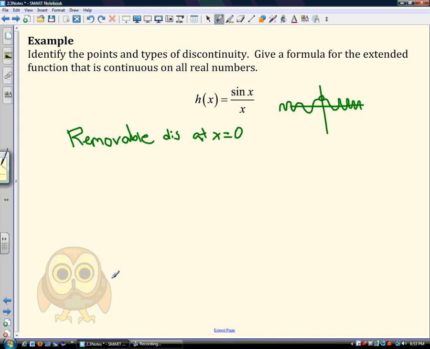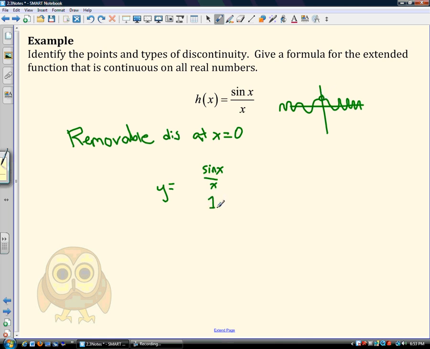Okay, so in order to remove it, well, what function do we know that looks exactly like this, only a filled-in circle right here? Well, we don't know anything that does that. So we need to actually make a piecewise function. So the function would look like sine of x over x everywhere, and then at x equals 0, it's going to be 1, right?